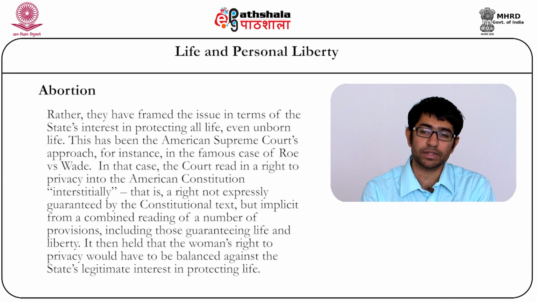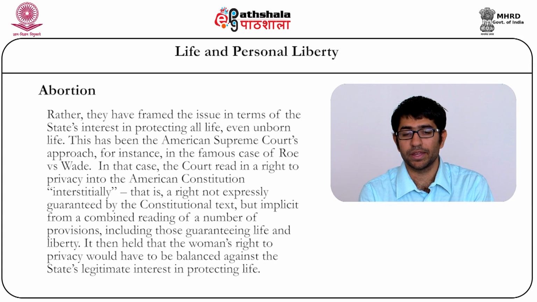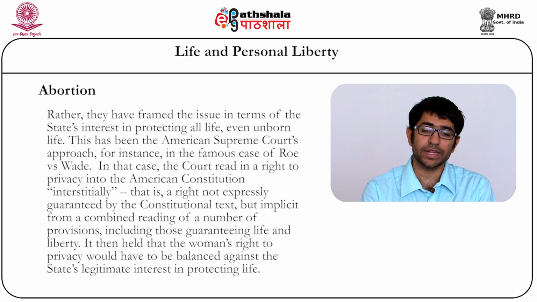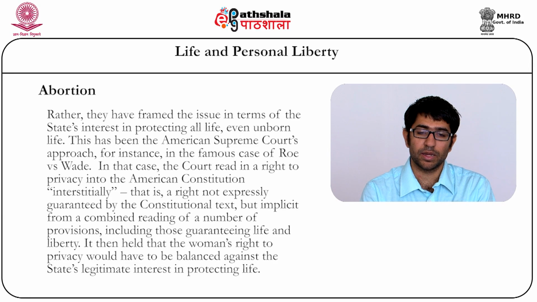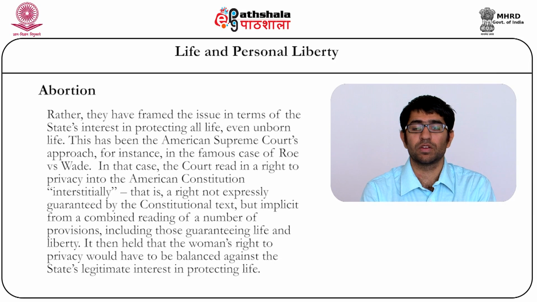This has been the American Supreme Court's approach, for instance, in the world famous case of Roe versus Wade. In that case, the court read in a right to privacy into the American Constitution interstitially, that is, a right not expressly guaranteed by the constitutional text, but implicit from a combined reading of a number of provisions, including those guaranteeing life and liberty.